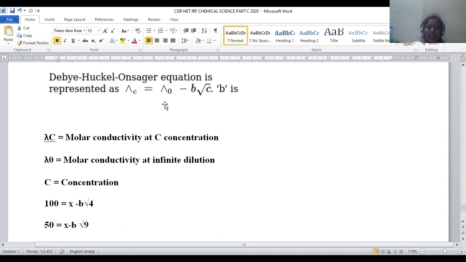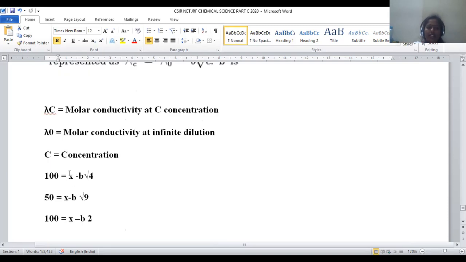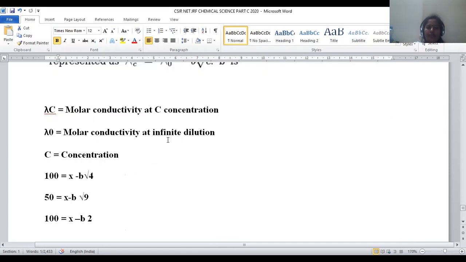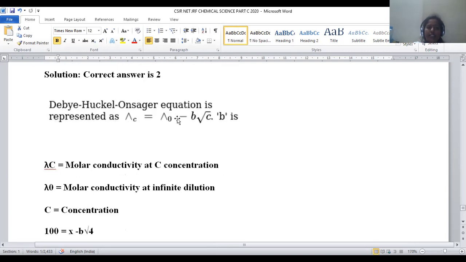So lambda c is 100. 100 is equal to x minus b under root 4, where lambda at infinite dilution is taken as x. For 100 molar conductivity, concentration is 4. For 50 molar conductivity, concentration is 9. We are using the same equation: lambda c is equal to lambda naught minus b under root c.